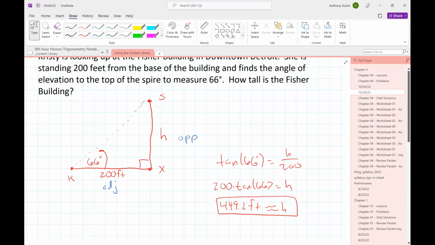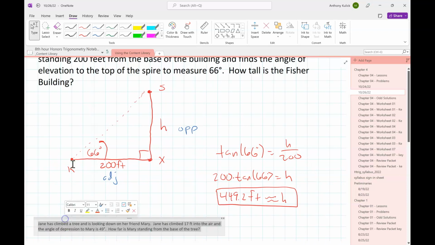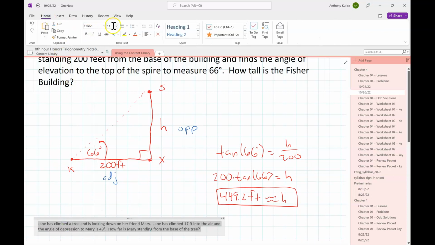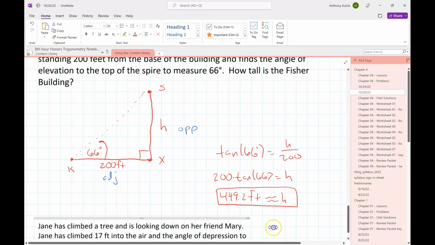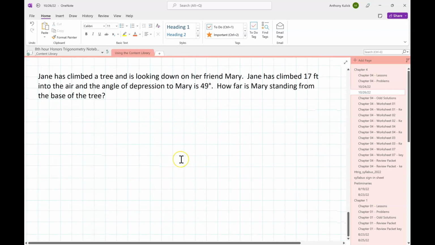Oh, let's do another. Jane has climbed a tree and is looking down on her friend Mary.